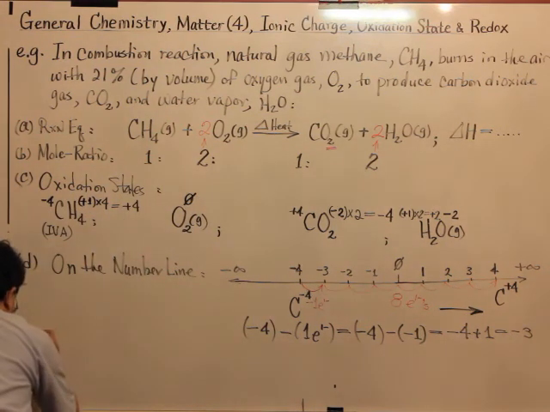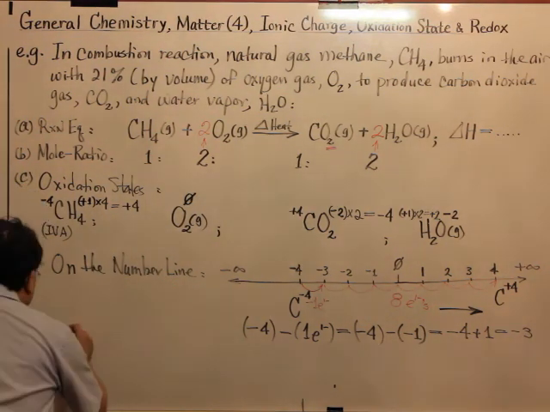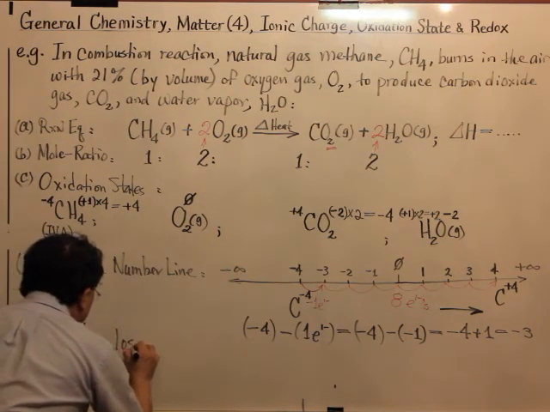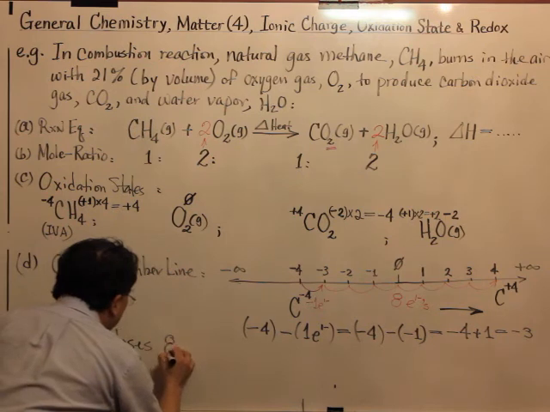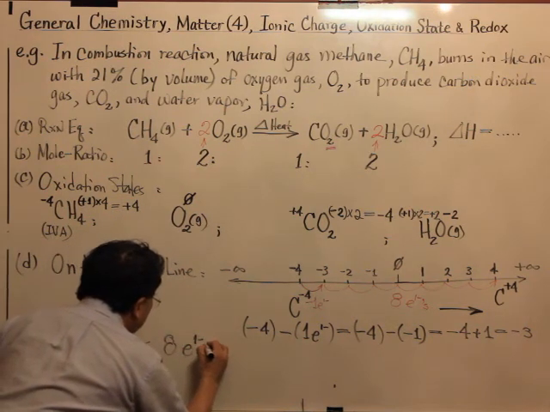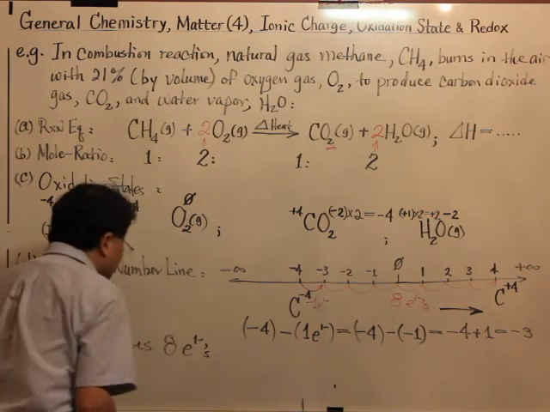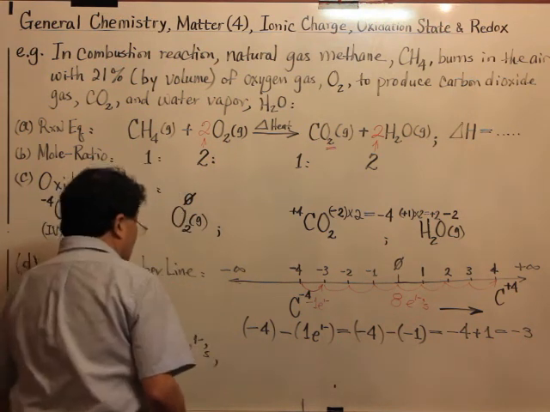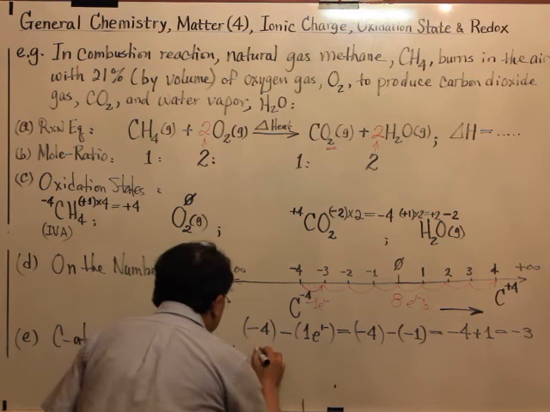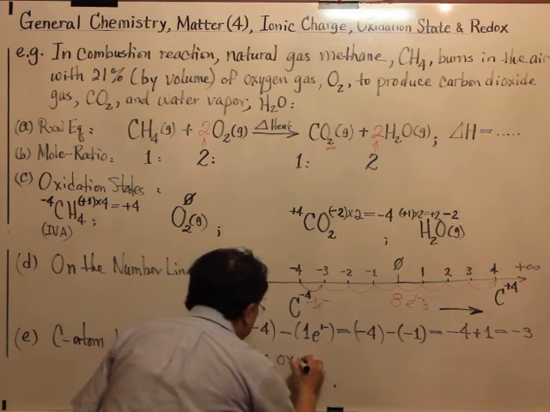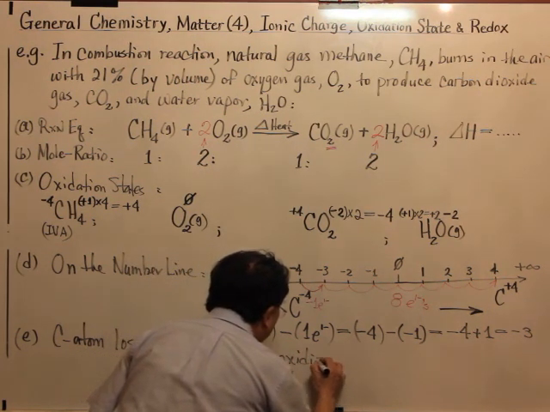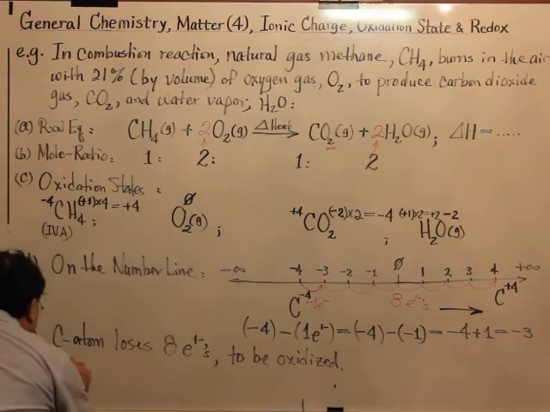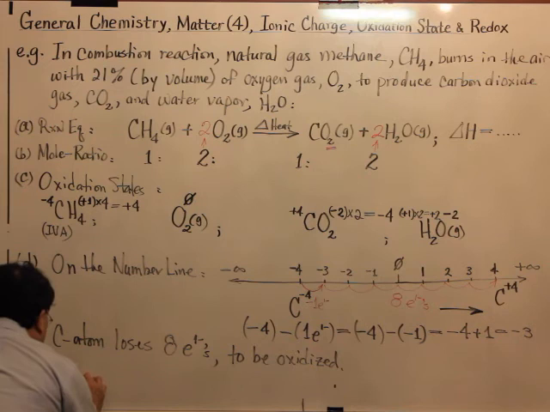The conclusion is, the carbon atoms lose a total of 8 electrons, to be oxidized.